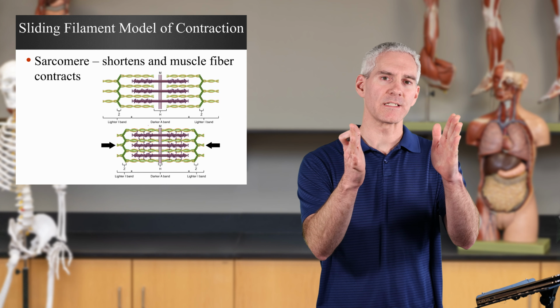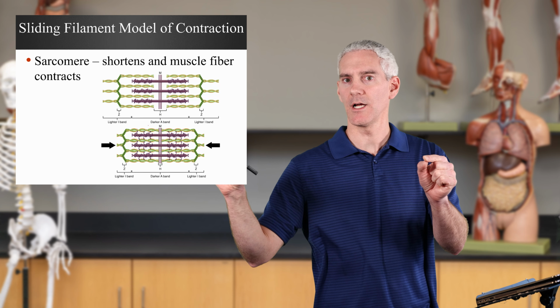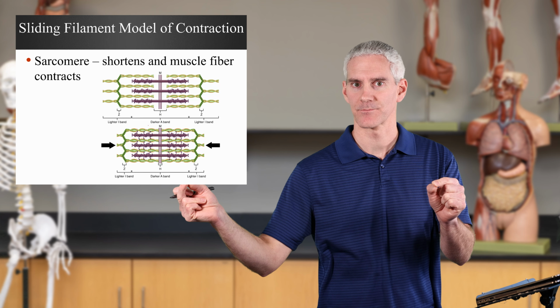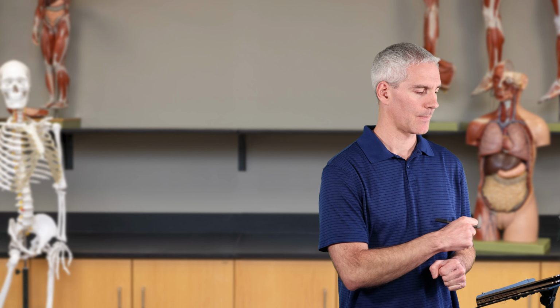And while all these sarcomeres each only move a little bit, you add that up over several hundred, if not thousands, the whole entire muscle is now shortening. So your muscle itself is working because the thick and thin filaments end up overlapping, creating a shorter sarcomere, which creates a shorter overall muscle itself. The start of what muscle contraction is.